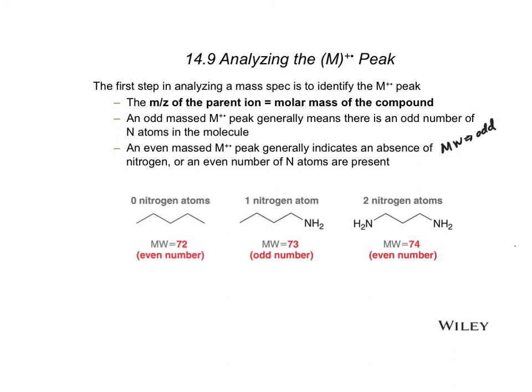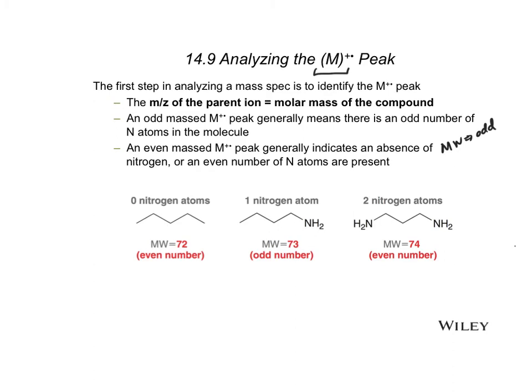It just ends up that way. Number two, if you end up with a molecular weight that is even, that tells you that there is no nitrogen in the compound, or that there is an even number of nitrogens in the compound. Okay, so that's the most informative bit of information that we can take from at least the molecular ion peak.